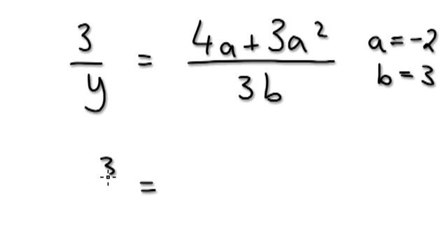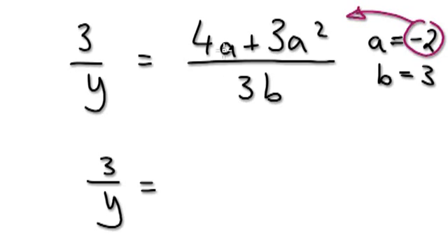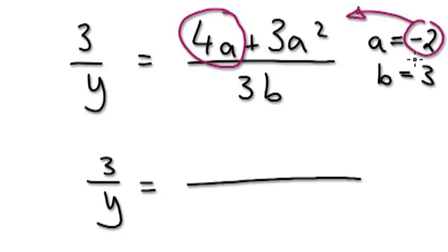Okay, so let's see, 3 over y here. Let's start putting these into these over here. So let's do this one first. 4 times minus 2 would be minus 8. So minus 8 is that bubble there.